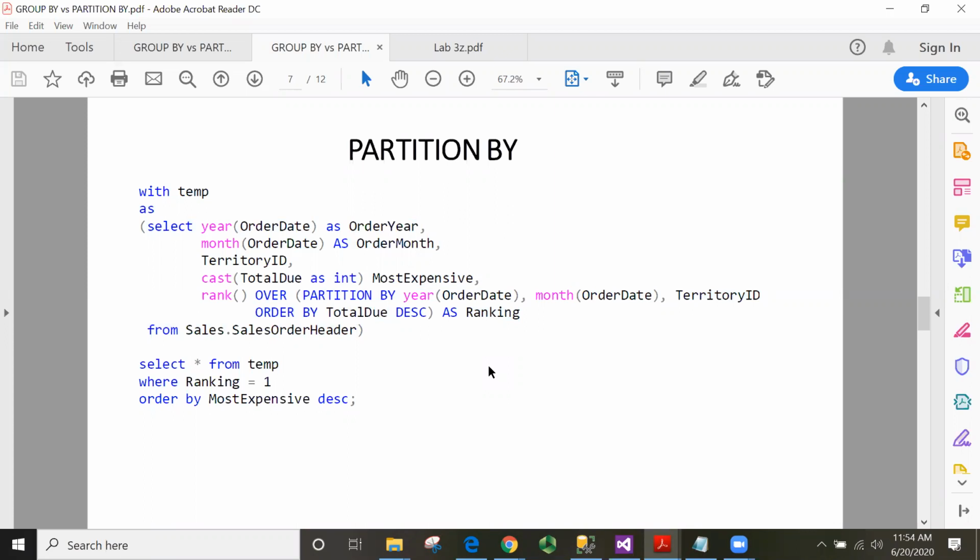Okay, and you could use some other ways. Professor Nikhil here. Yeah. So can we use the max function for total due here instead of making it descending and then using rank as 1? Can we use the max function for total due?